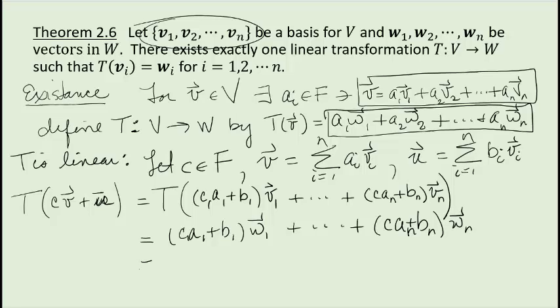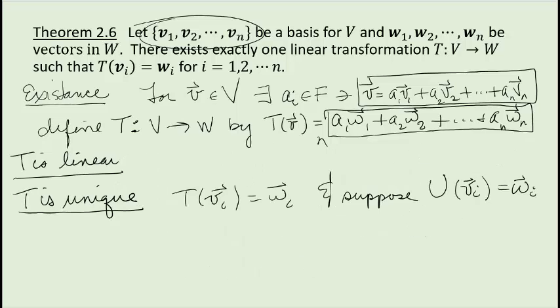Now, in your notes, you finish this off and see that you do get C T of V plus T of U. Therefore, T is linear. We've proven this.